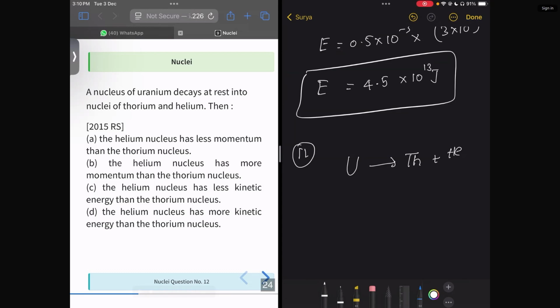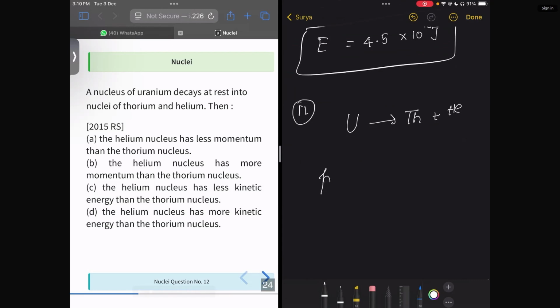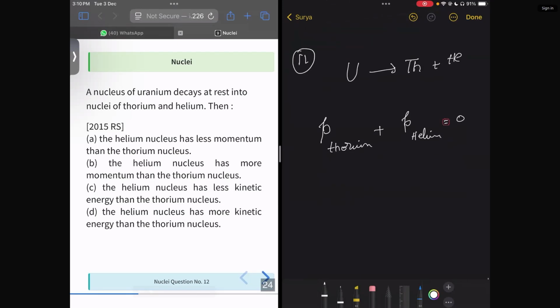So for the conservation of momentum, suppose I define the momentum of thorium as plus; initially there is no helium, right? Initial momentum equals final momentum. The uranium nucleus is initially at rest, so the total momentum is 0 after decay.